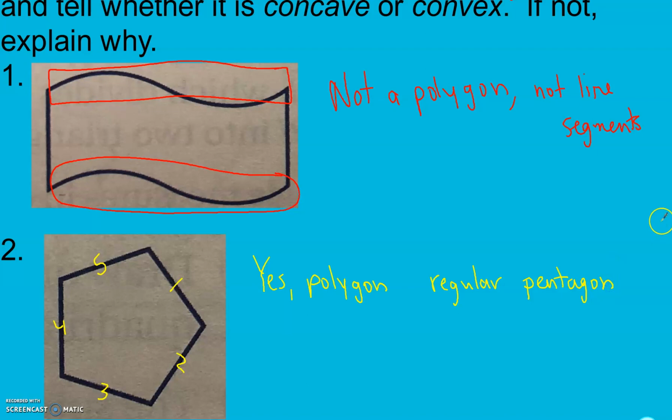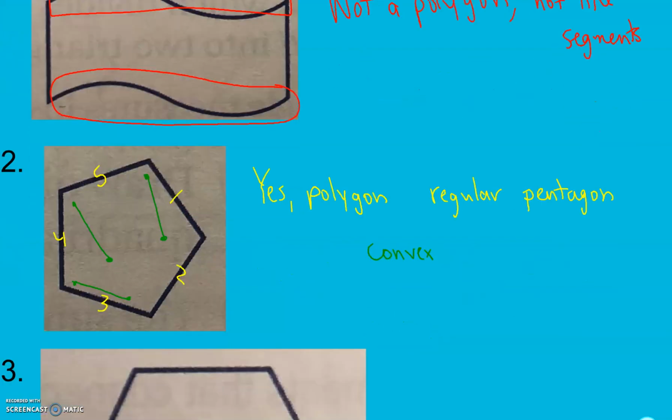Now we want to know if it's concave or convex. If we connect any 2 line segments inside, we're never going to find any that go out of the shape. So this is convex. There's no juts in, like a cave in a mountain, so it's convex.